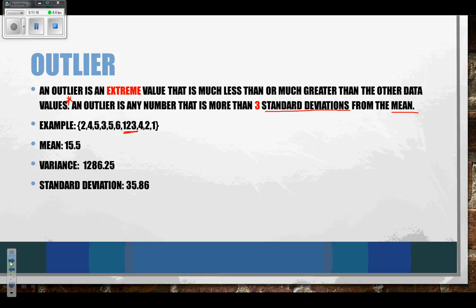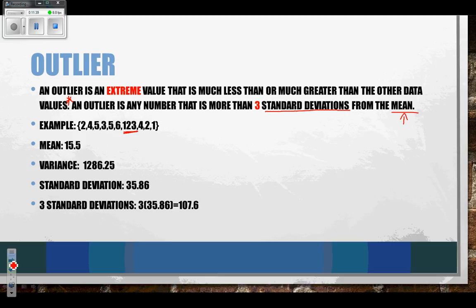But we have to identify if the number is an outlier by seeing if it's more than 3 standard deviations. So when I do 3 standard deviations, I'm going to take 35.86 and multiply it by 3, which gives us 107.6. But it's from the mean.